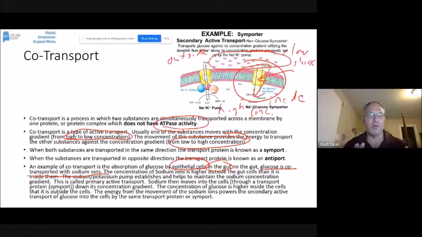So essentially co-transport is when the movement of a substance with a gradient provides the energy to move the other substance against a gradient.